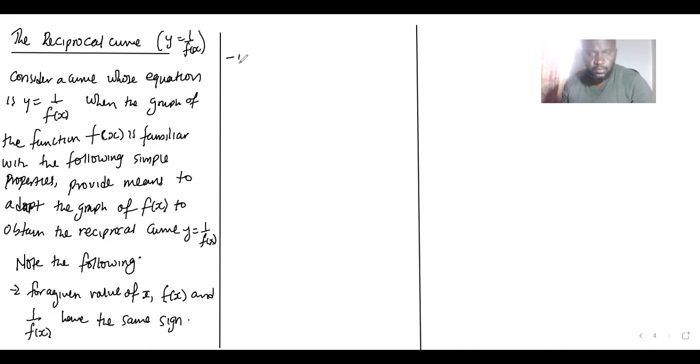Then 2, if the numerical value of f of x increases, 1 over f of x decreases.